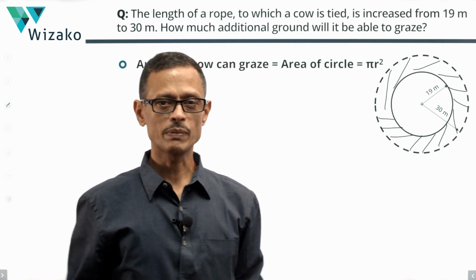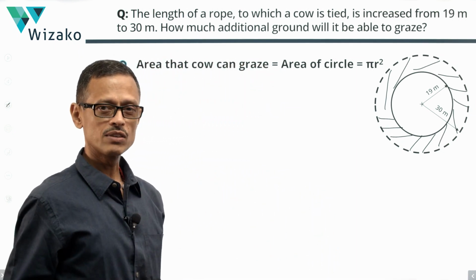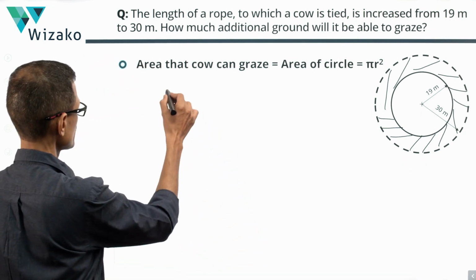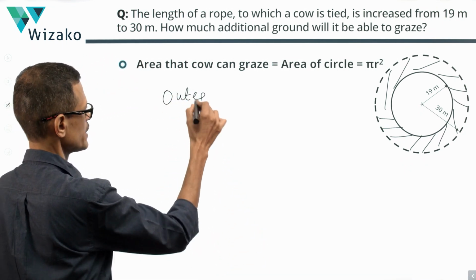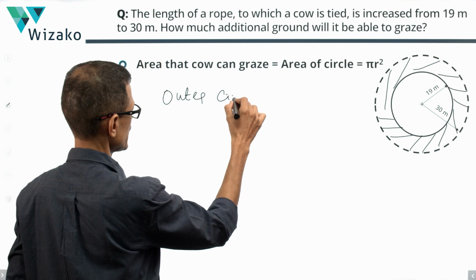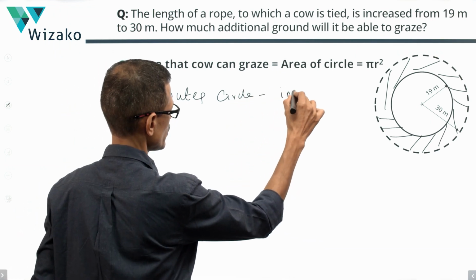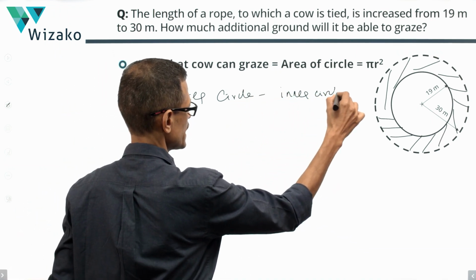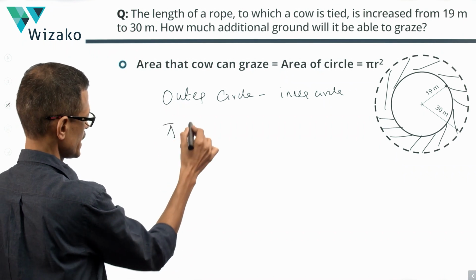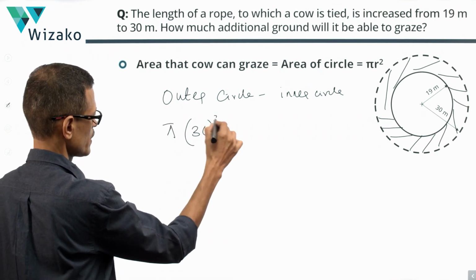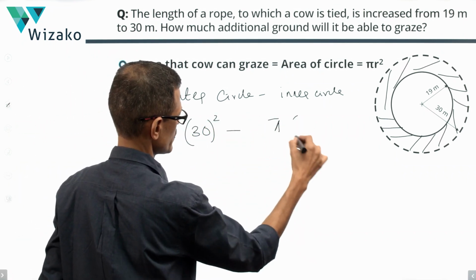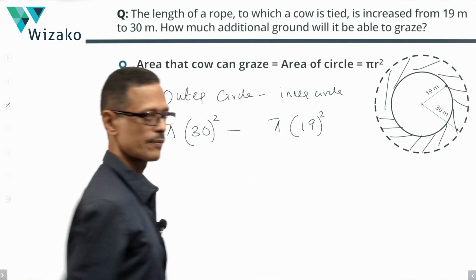Area of a circle formula is pi r square. They have said take pi to be equal to 22 upon 7. So, the area we are interested in is the outer circle area minus the inner circle area. Area of the outer circle is pi into 30 square, minus the area of the inner circle, which is pi into 19 square.